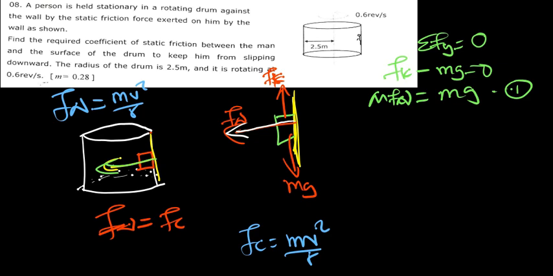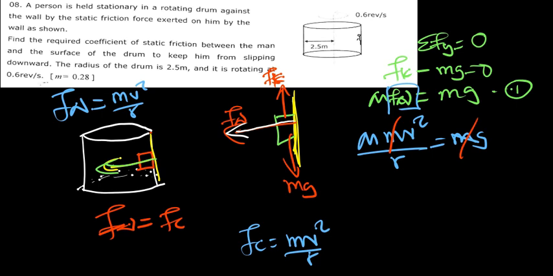So I'm going to replace it there. I'll say mu times mv squared over r is equal to mg. But in this case, I can clearly see that I've got mass on both sides. I can cancel mass. Then I'll remain with mu v squared divided by r is equal to g. We can cross multiply to get rid of the fraction, or it's the same as just doing times r over v squared.